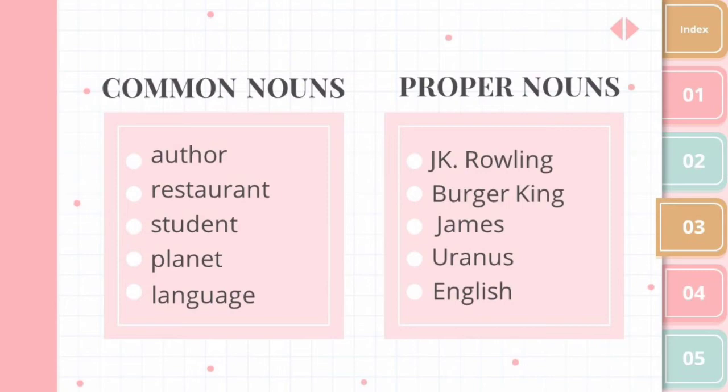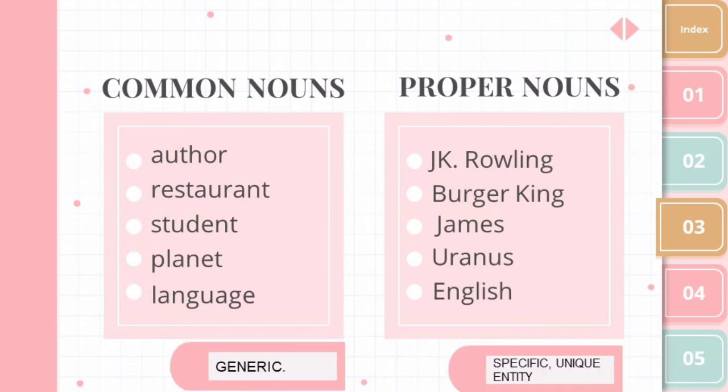Next question is, what can you conclude from those examples? Correct. If we mention common nouns, it means we have generic nouns, but if we mention proper nouns, it means we have specific or unique entitled nouns.